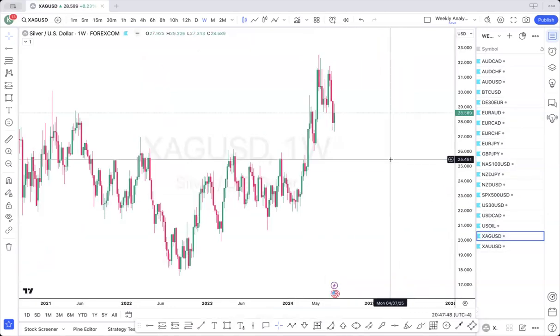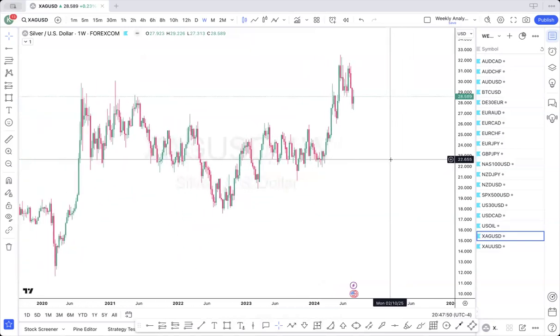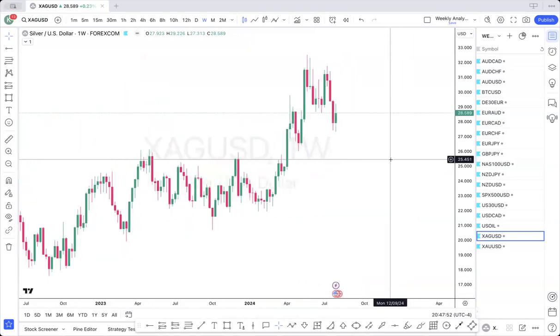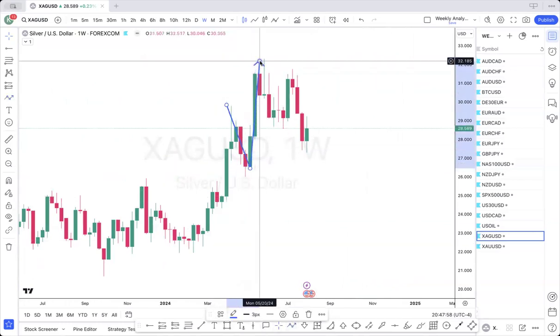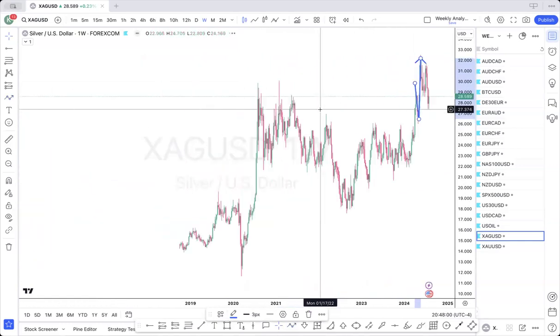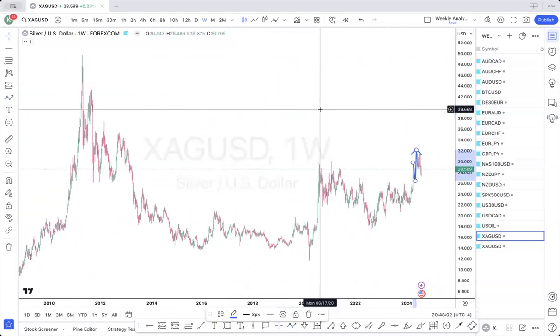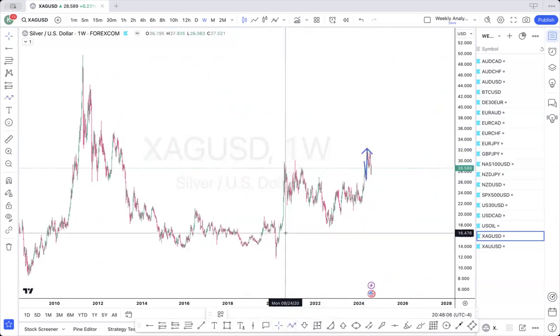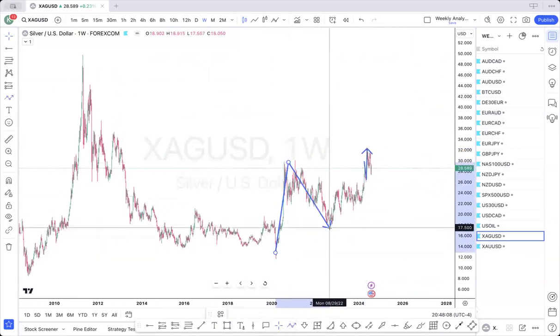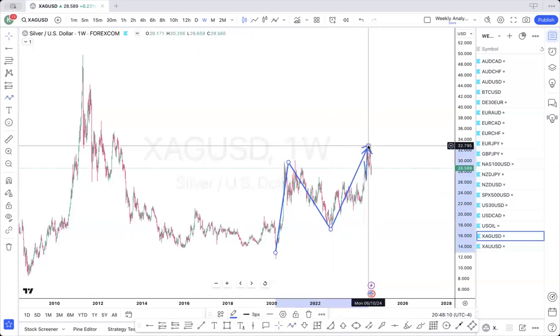Last two, we have silver and gold. Silver. I'm always identifying market structure, so this is the current structure that we're in. On a higher time frame, price came here, pulled back, and it's here.